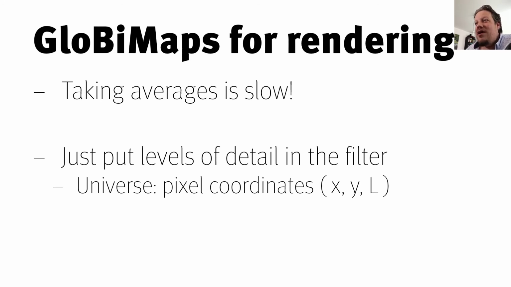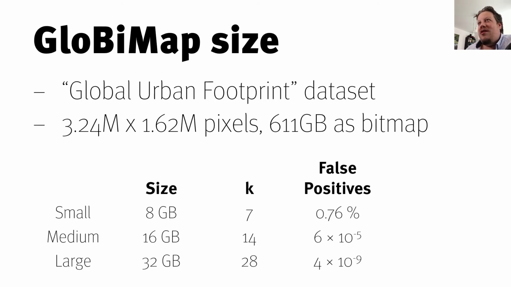So if we have this global urban footprint dataset, and we have this 3 million by 2 million pixels, which would have been 600 gigabytes as a bitmap. Now in the paper, they look at 3 different ways to store this. So the number of pixels, I didn't list it on the slide here, but it's like 1/1000th of this is fixed. So as we talked about last time, it may seem weird to analyze something where n, the number of items, is fixed, but that's precisely the situation that we have here.